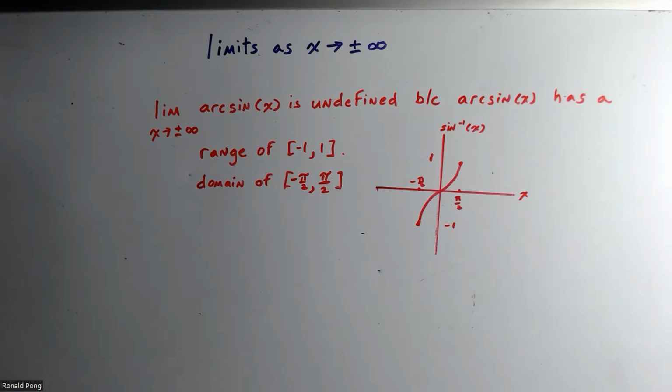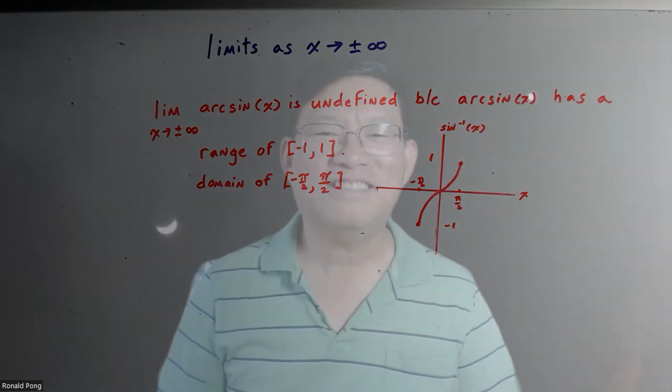The same, by the way, is true for arc cosine. It has a very narrow range and domain, and consequently, infinity and negative infinity are not part of the natural domain of these inverse functions.